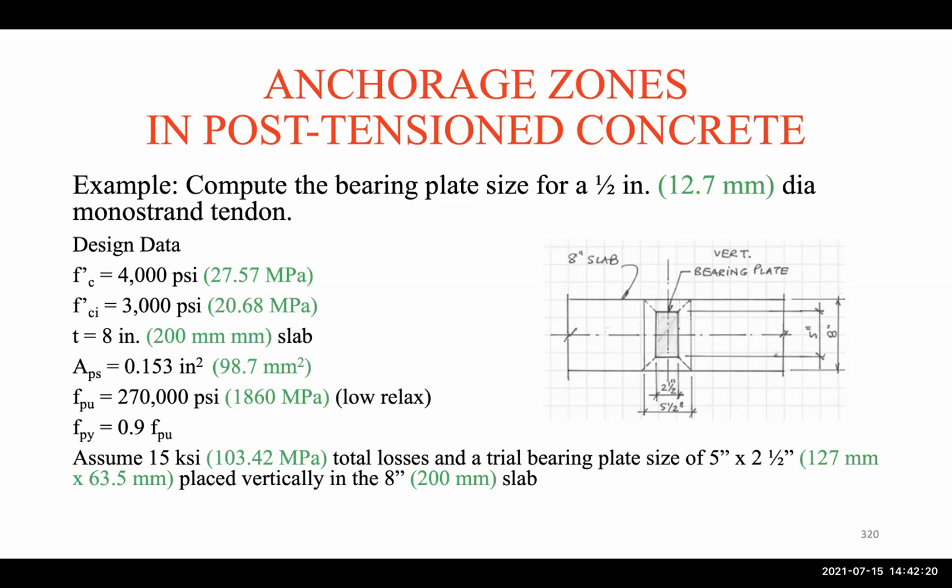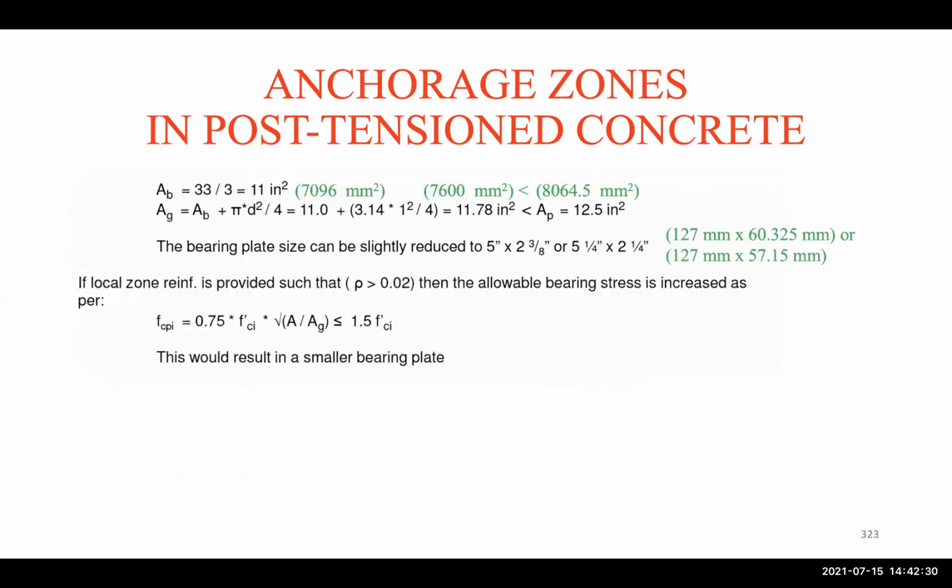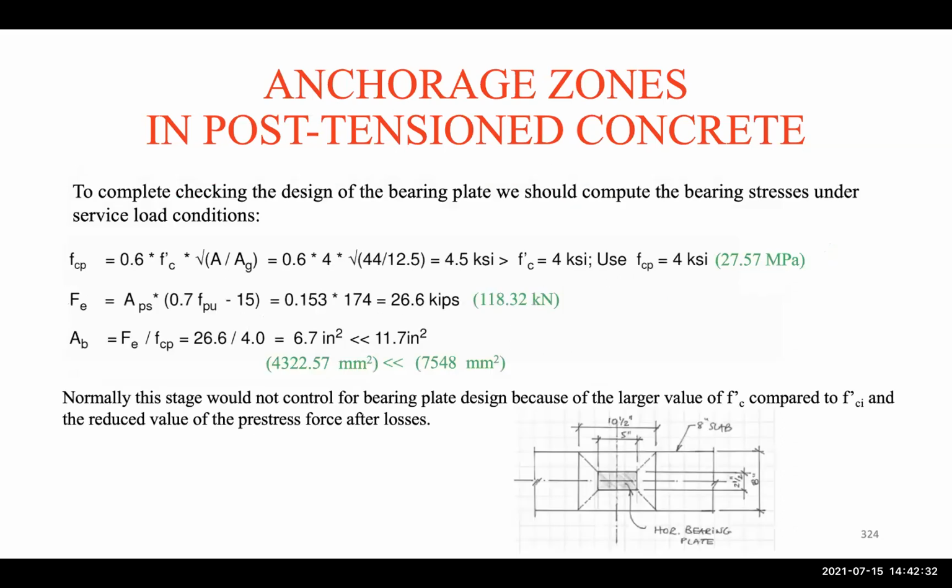Okay, so here you have two examples with a step-by-step on how to calculate the bearing plate. Everything is explained again, just like we did in part one, just to cover everything on the design of PT slabs. I will leave this for you to go through. They are step by step.